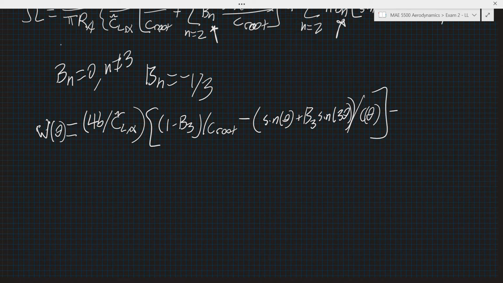And then we're going to add on the end here minus 3B3, all of that, times 1 plus sine of 3 theta divided by sine of theta.